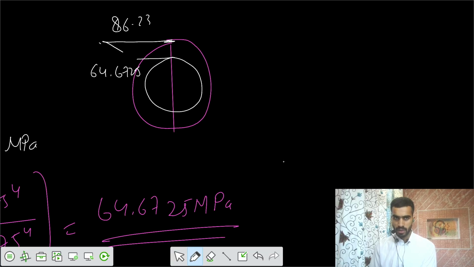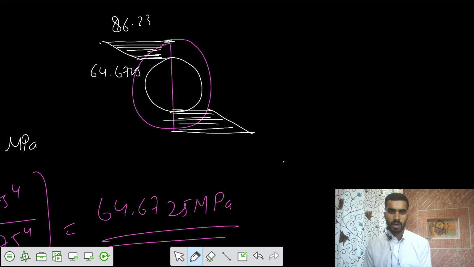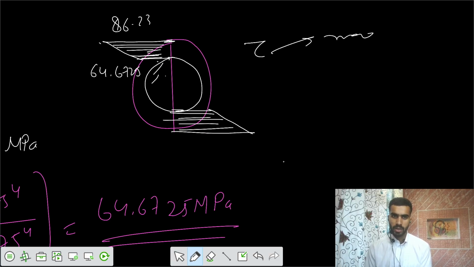There is a linear variation between the two. Similarly, from the other side. So this is the shear stress variation for the hollow section. In the hollow part, there is no material, so there is no stress, because it is free.